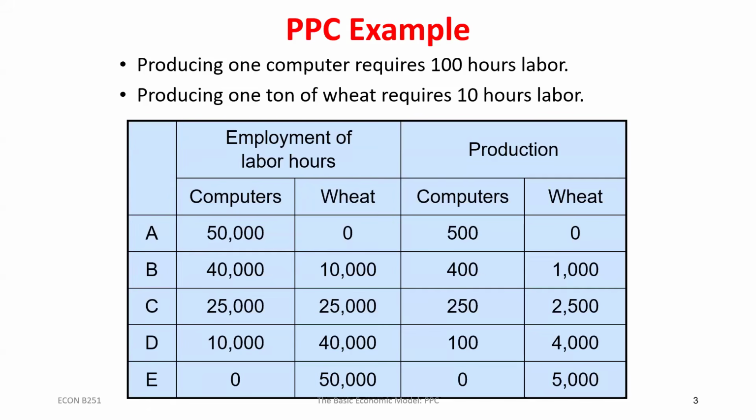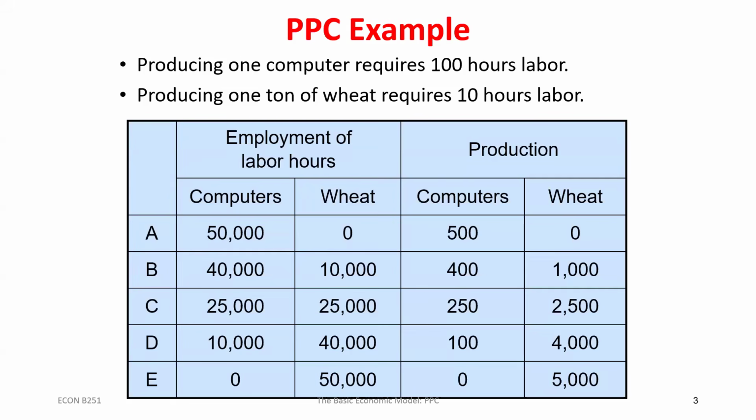I can't go out any further. So any point past this curve, I can't produce that combination of those two goods, or we say those points are unattainable.